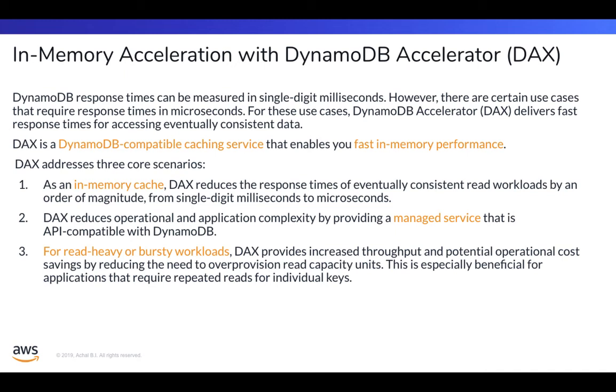These are also read heavy, and if you are looking at bursty workloads, then it's best to enable DAX, which would actually yield you better cost performance instead of over provisioning the read capacity units.